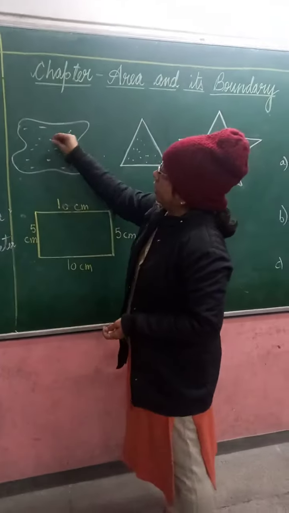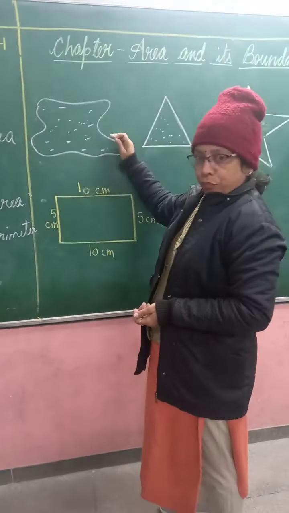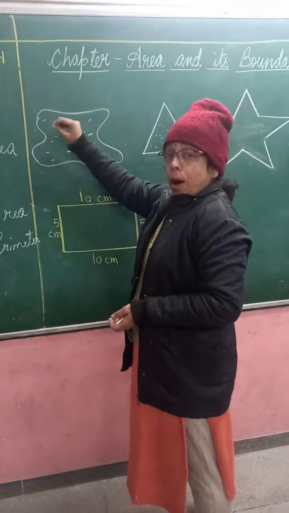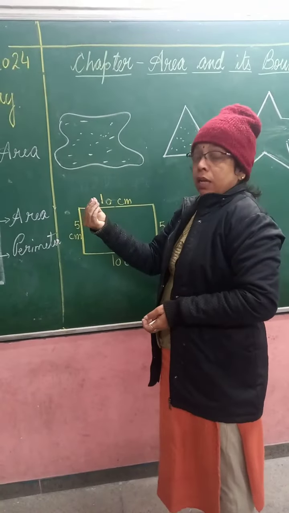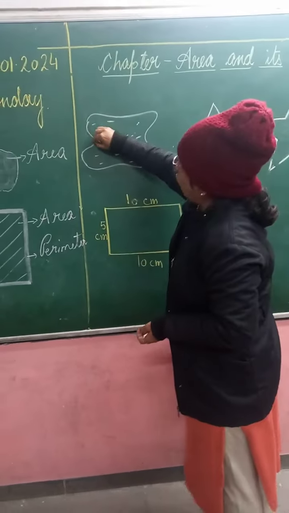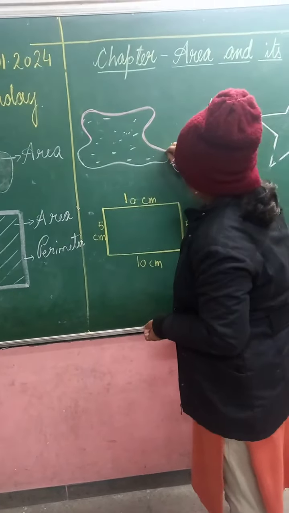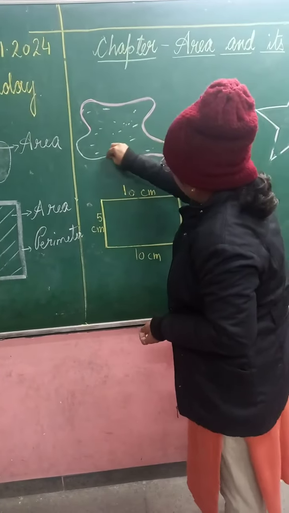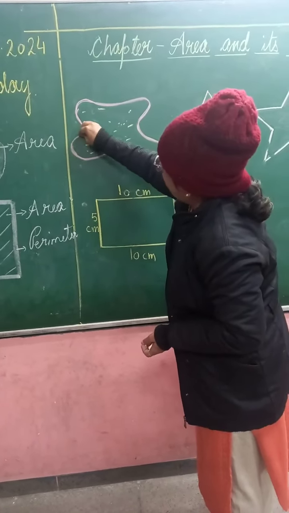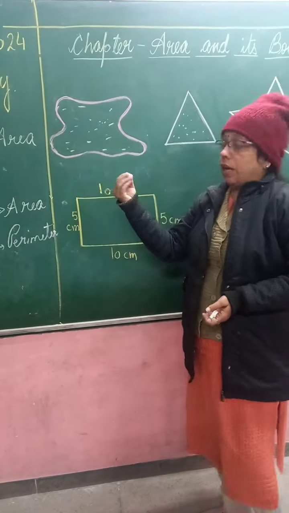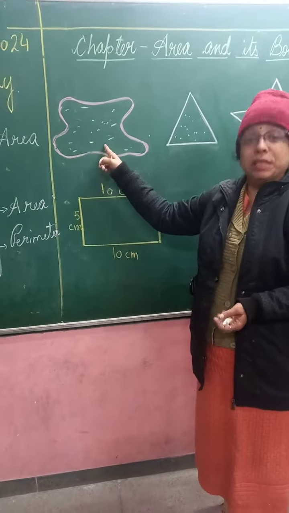Here it is like a pond. If I am asked to draw or color the boundary of this figure with a red chalk, how will I do it? I will do it like this. So, this line, that is the boundary of this pond which I am drawing with this red color, is the perimeter.